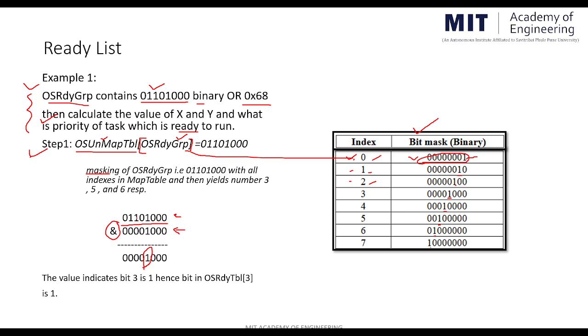Every time, at every instant, the kernel takes the value from OS_RDY_GRP and masks it with every index of the OS unmap table. So first it unmaps with the zeroth index, then first index, 2 and 3. Here I have directly shown the third index.